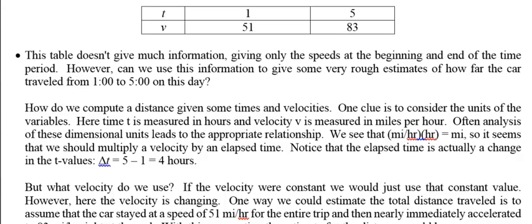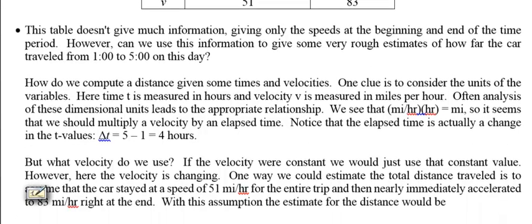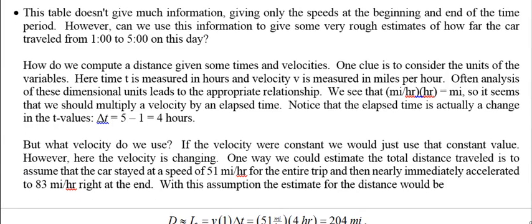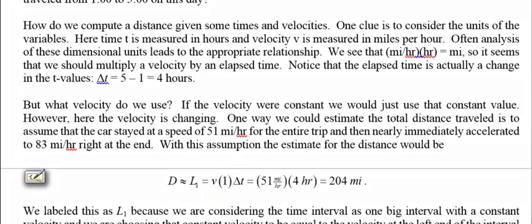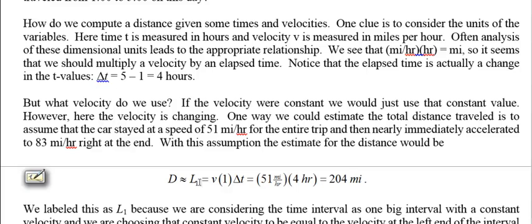So the 51 miles per hour is at the left end of our time interval. So it's actually v of 1, where the 1 is at the left end. So we'll call that the left estimate. The sub 1 means we're thinking of that all as one large interval, and we're just using the left end of that interval.